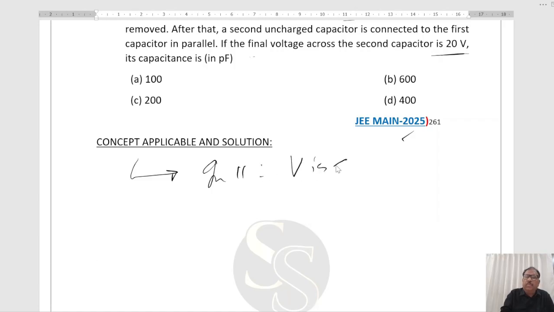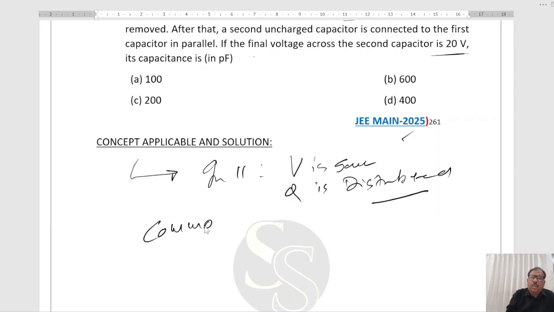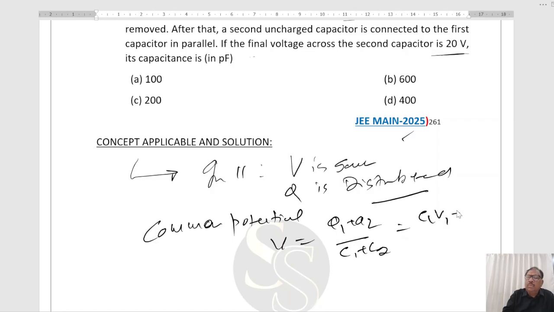V is same and Q is distributed. One term is common potential. Common potential V equal to Q1 plus Q2 divided by C1 plus C2, that is C1 V1 plus Q2 divided by C1 plus C2.